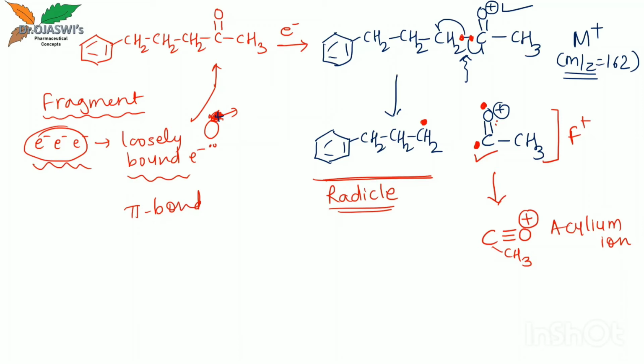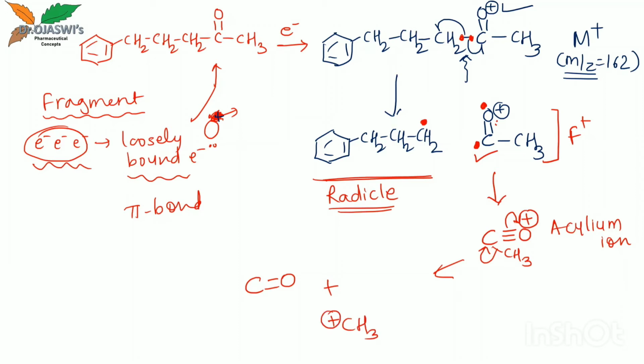This electron I can give here to this oxygen, and now these electrons can come up here. What will happen now? This C double bond O is gone as a neutral molecule, and the charge has come up here on this CH3.